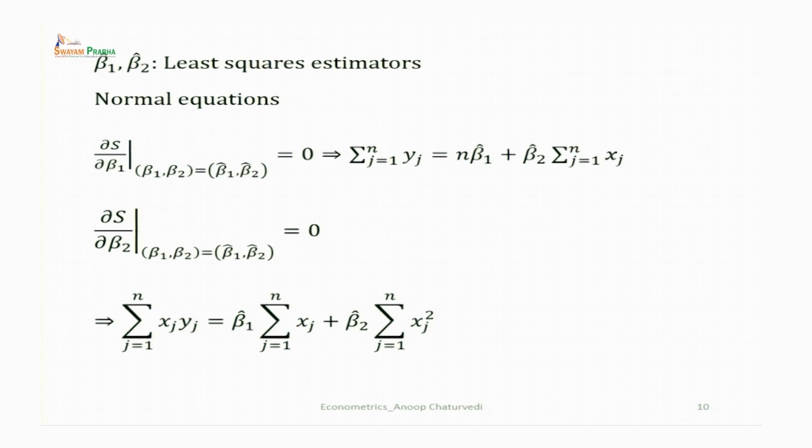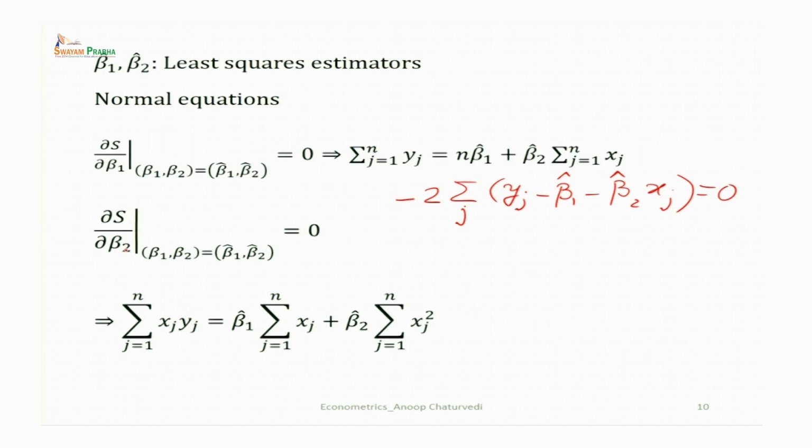When we differentiate S with respect to beta 1, we obtain minus 2 times summation over j of y j minus beta 1 hat minus beta 2 hat x j, and we put it equal to 0. This finally gives you the relation summation j y j equal to n times beta 1 hat plus beta 2 hat summation x j.